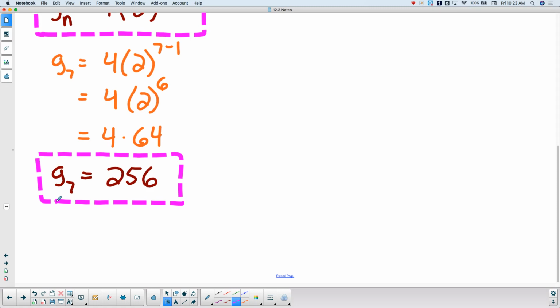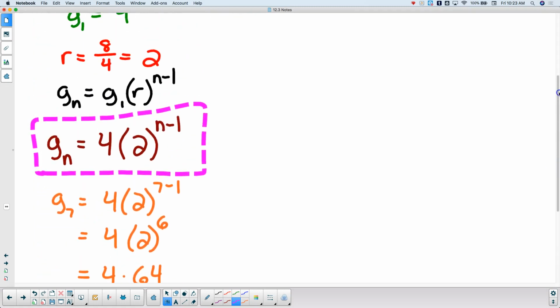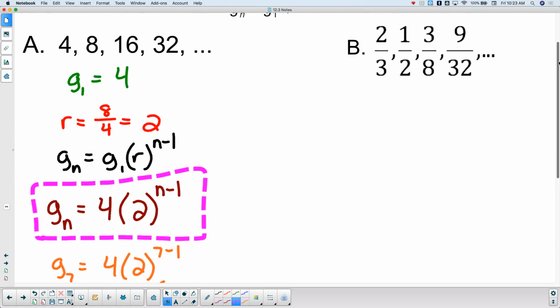What I'd like you to do now is find me the rule and the 7th term based on sequence B.